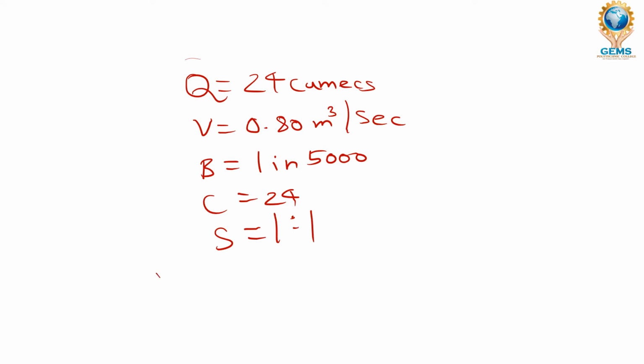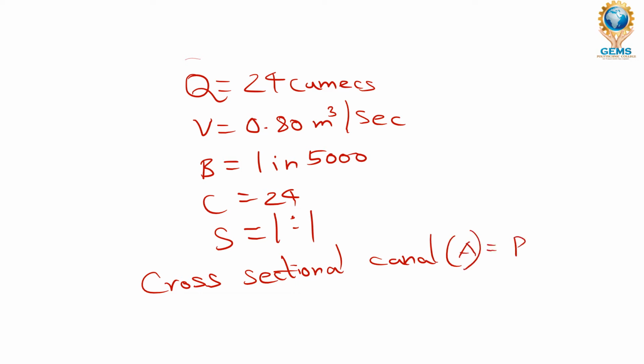So the cross sectional area of this canal is A equal to (B plus D) into D, whole D. Actually you have to multiply inside to find the accurate value: BD plus D squared.